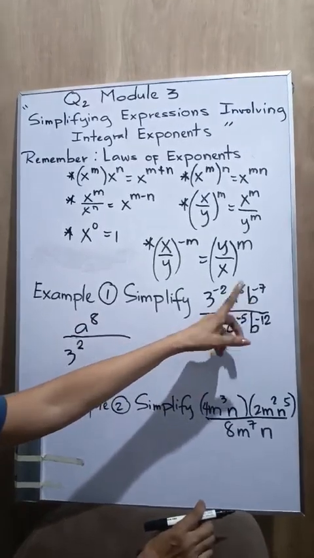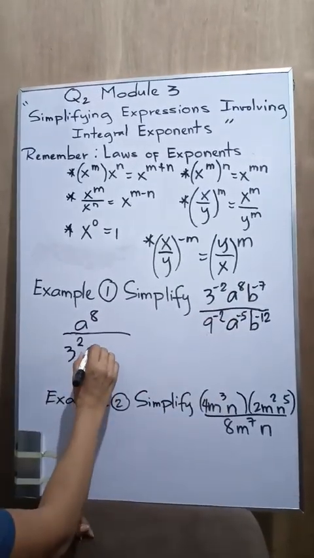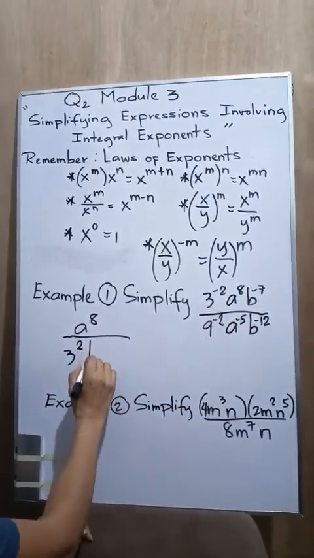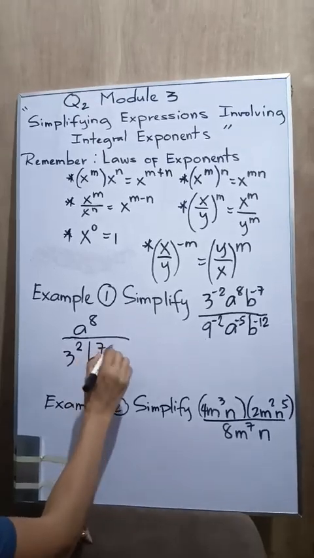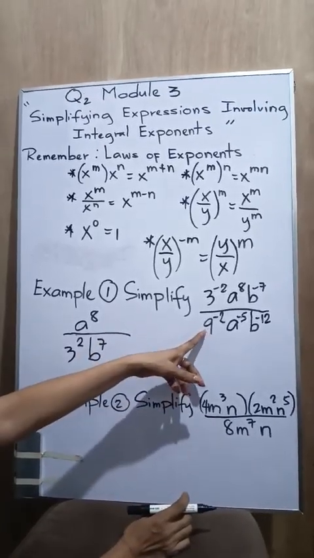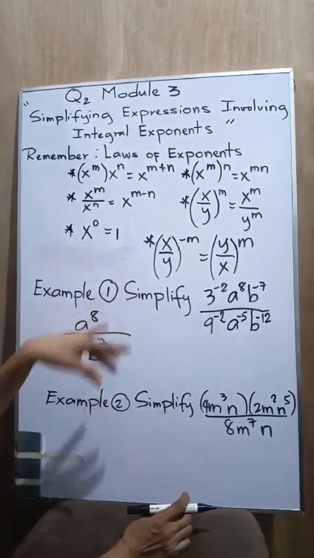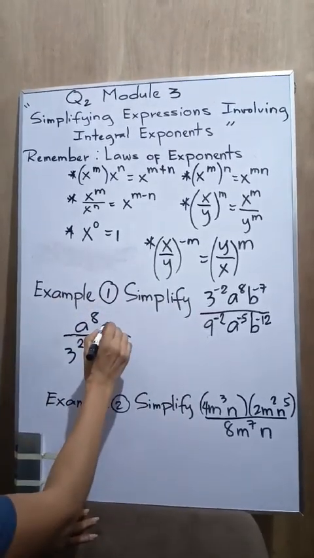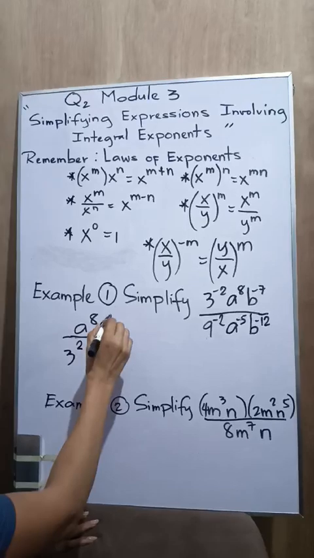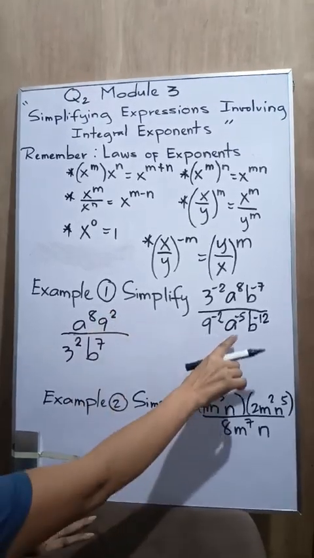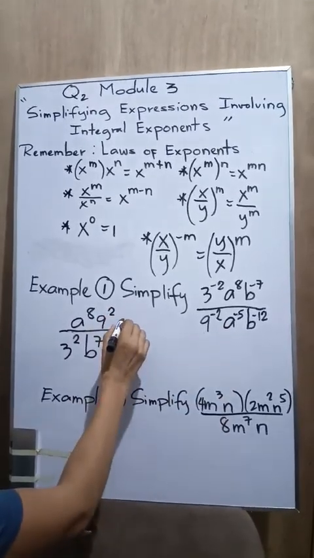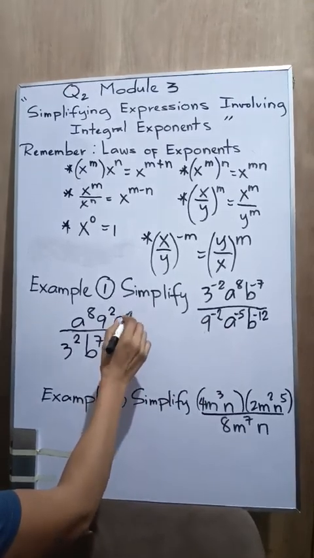And b to the 7, you just bring it down, b to the 7. And the 9 to the negative 2, you have to put into the numerator. It will become 9 raised to the power of 2. And a to the 5, that will become a to the positive 5.